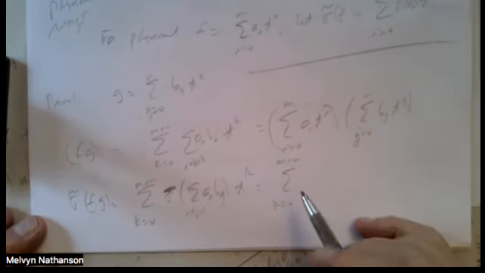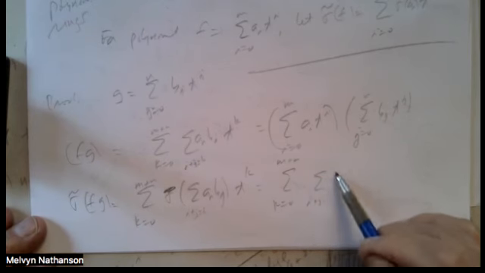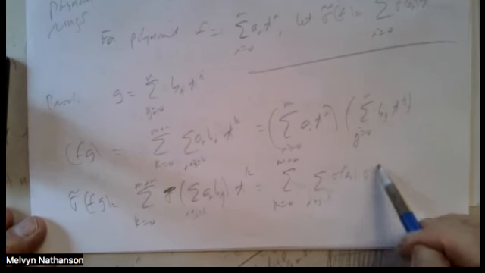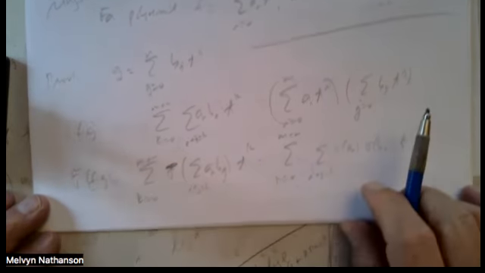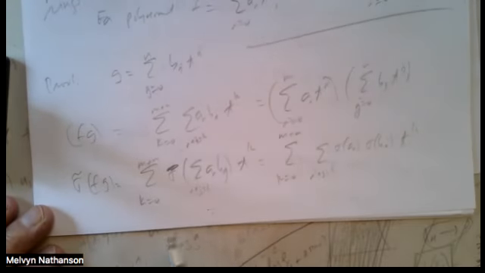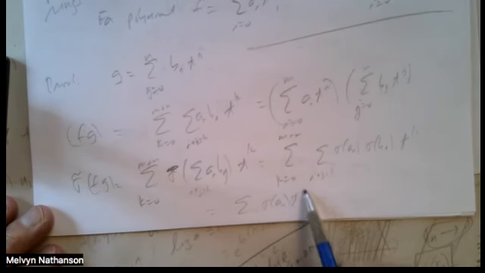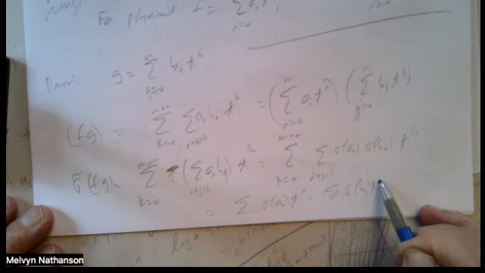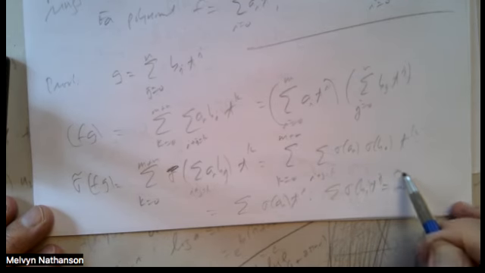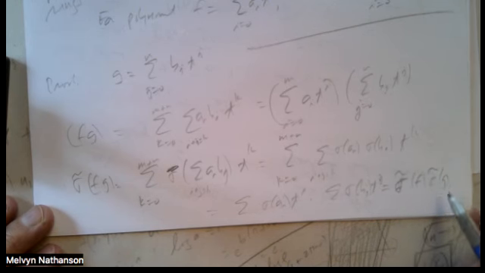Because sigma is a ring homomorphism, this is the summation over i plus j equals k of sigma of a_i times sigma of b_j, t to the k. And this is exactly the summation of sigma of a_i t to the i, times the summation of sigma of b_j t to the j, which is sigma tilde of f times sigma tilde of g.